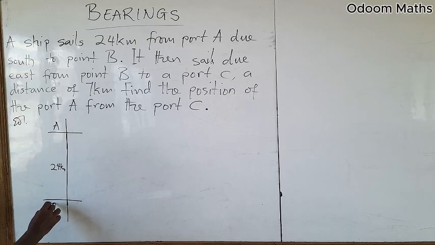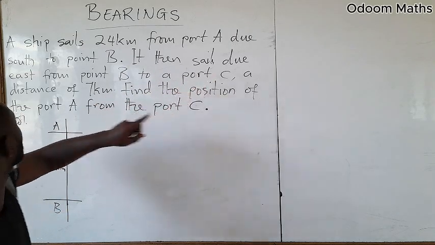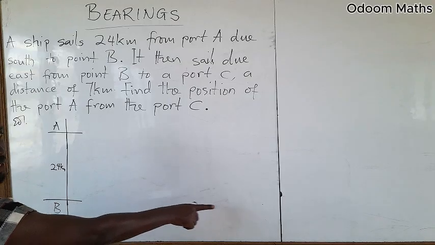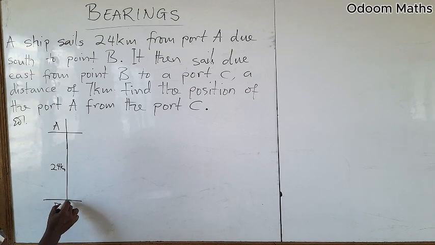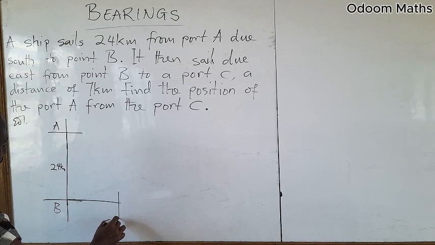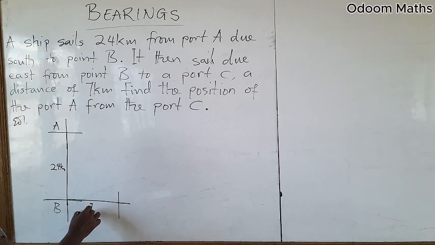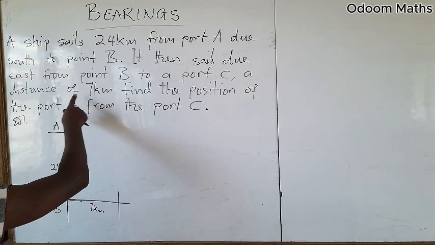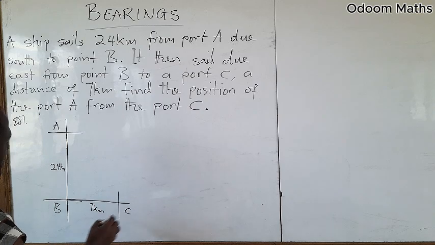To point B. Then it sails due east, so due east, we are going this direction, 7 kilometers due east to the port C. So this is the port C.